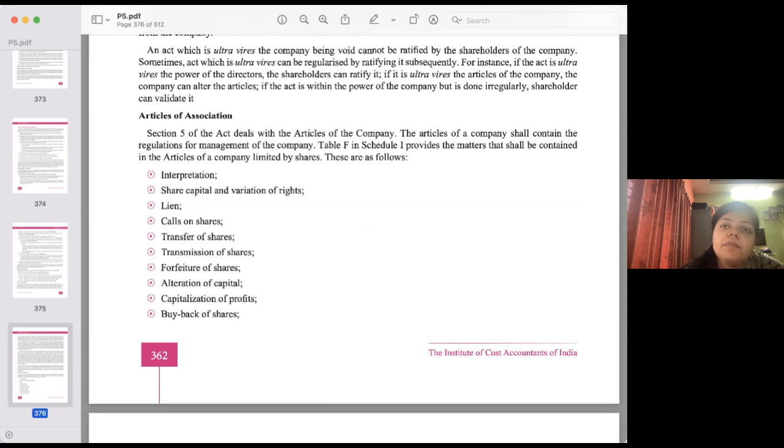is an entity which has a perpetual succession. So with the death of the members, the company doesn't come to an end. A company will only come to an end once it has been wound up. The operations have been wound up either by choice, by operation of law, or by whatever reasons. But not before winding up does the company come to an end.